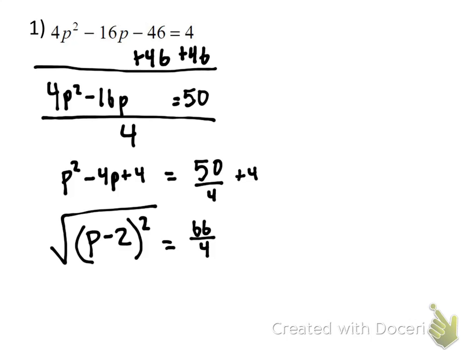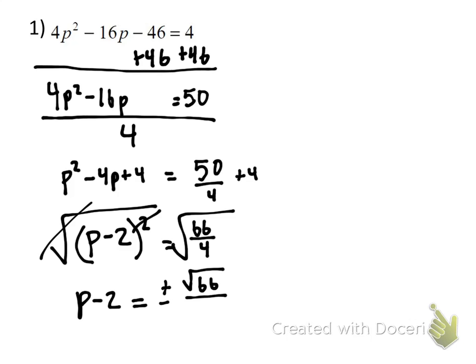Take the square root of both sides. Square roots cancel out with the square, leaving just p minus 2 is equal to plus or minus the square root of 66 over the square root of 4, which is just 2. Okay, square root of 4 is 2.